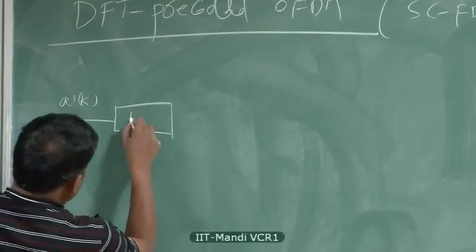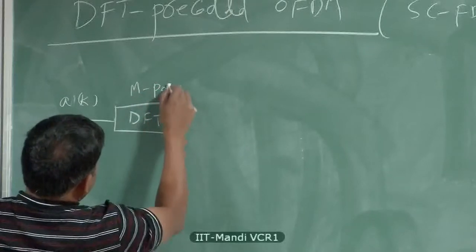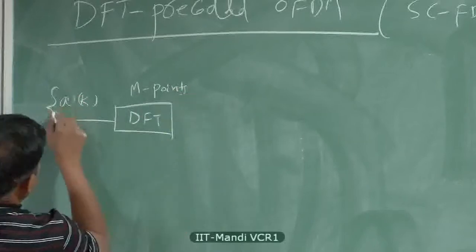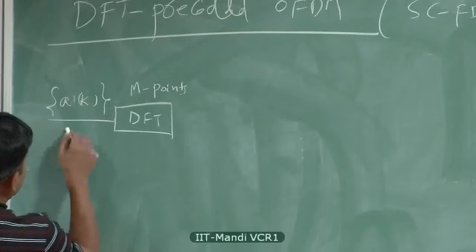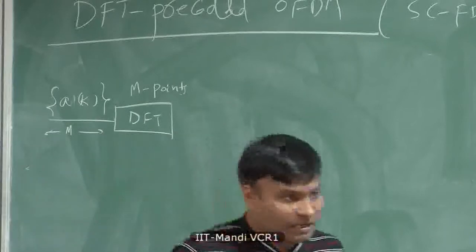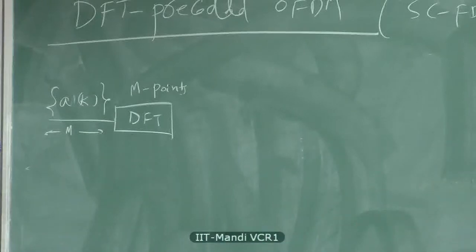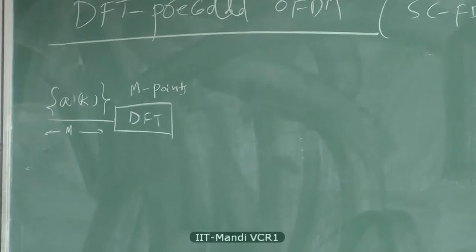And we'll send it through a DFT of size M points. So the length of the sequence is M, okay? So you take an M point DFT. M can be any number. Okay, anywhere from 12, 24, 48, whatever it is.